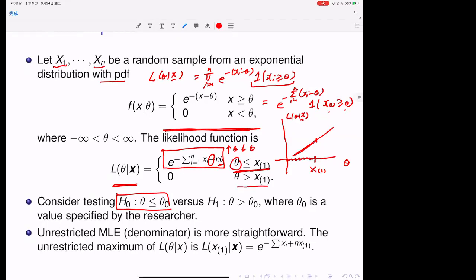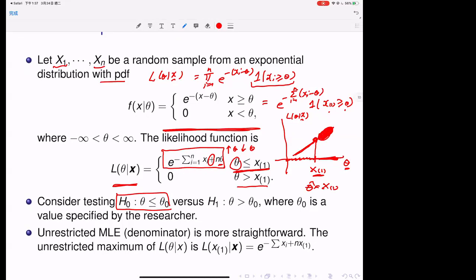After theta is bigger than x1, this term drops out and the whole thing becomes 0. What does that mean? It means the MLE is nothing but x1, since the function reaches its maximum point there. So theta hat is nothing but x1.